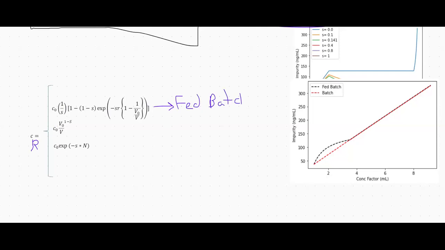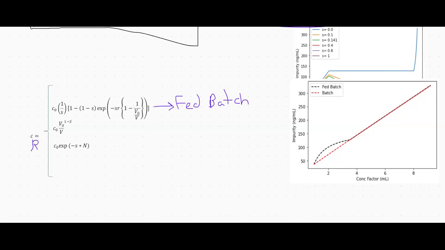What's going on there is we are effectively running TFF, as we all know, but you're adding material into the retentate vessel at the same rate permeate is being removed. But the volume you're adding into the retentate vessel is not buffer, it's more feed material, more of the same feed material. So ultimately, it's a concentration step.